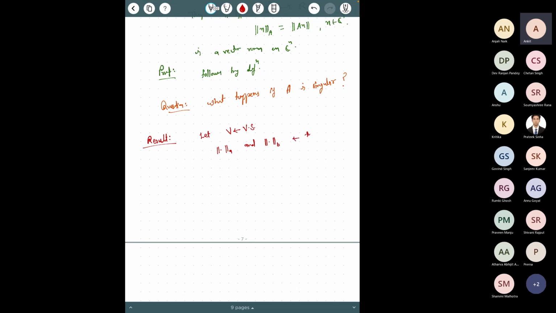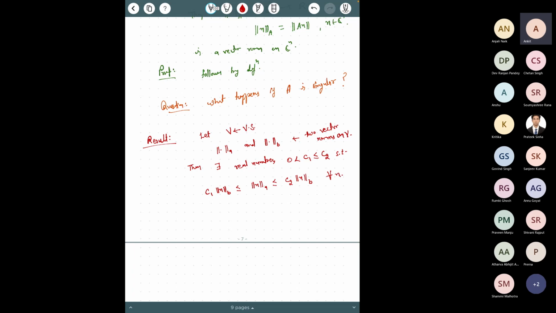Okay, these are two vector norms on V. Then there exist real numbers C1 and C2, where C1 is greater than 0 and C2 is greater than or equal to C1, such that for all x, this inequality is satisfied: C1 times the B norm of x is less than or equal to the A norm of x, which is less than or equal to C2 times the B norm of x. This is true for all x.